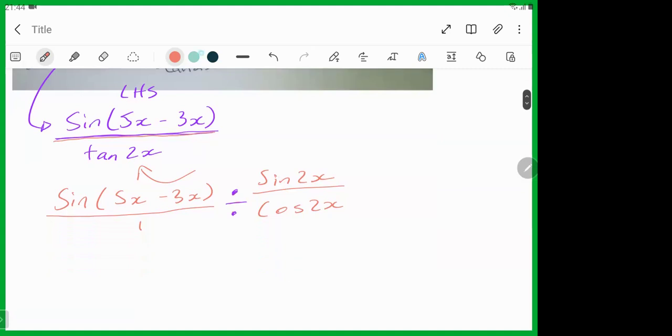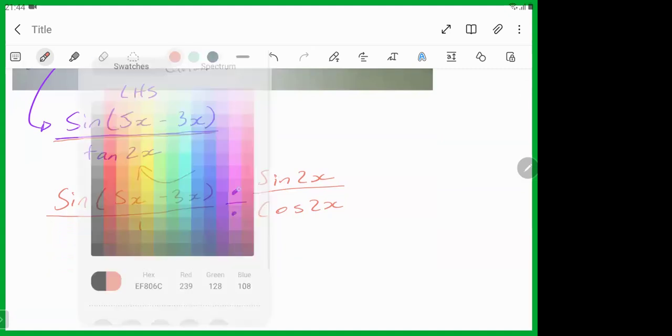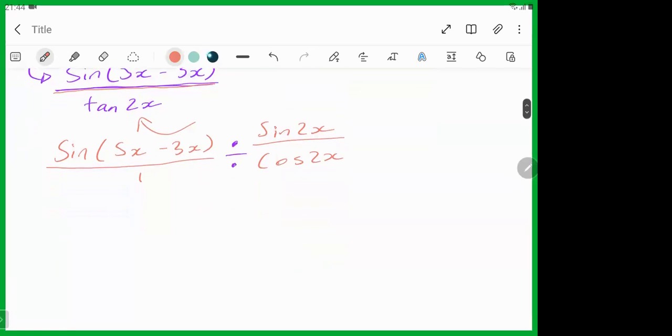Without overcomplicating anything, since this is a division symbol, the first thing you want to do is change this to a multiplication symbol. Then you want to have cos 2x on top, sine 2x at the bottom. There we go.